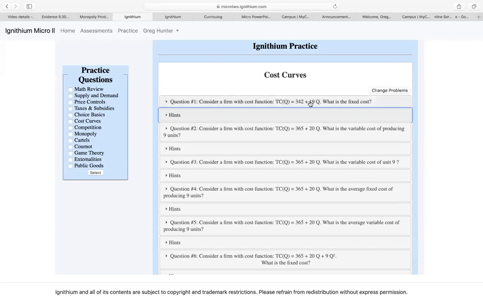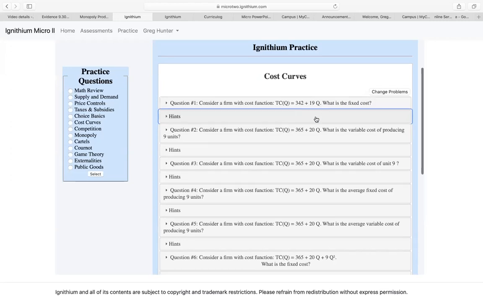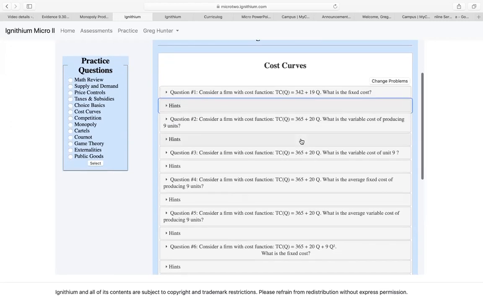And then obviously the variable cost here is the 19q, and question number two is very similar. But let's try to do number two really quickly together. What do you think about that one? From what I remember of variable cost, it's based on how many units you use.